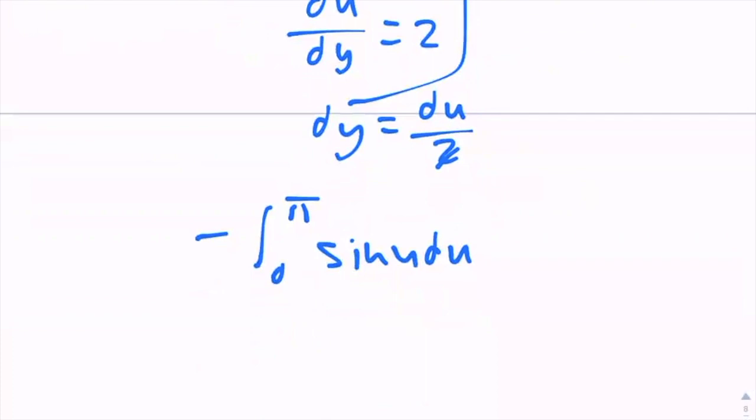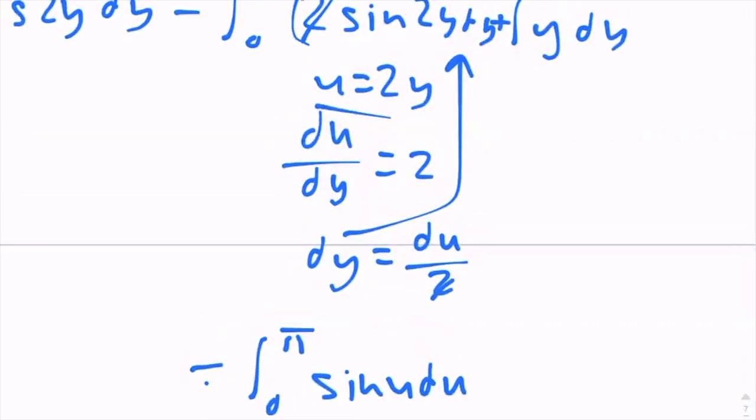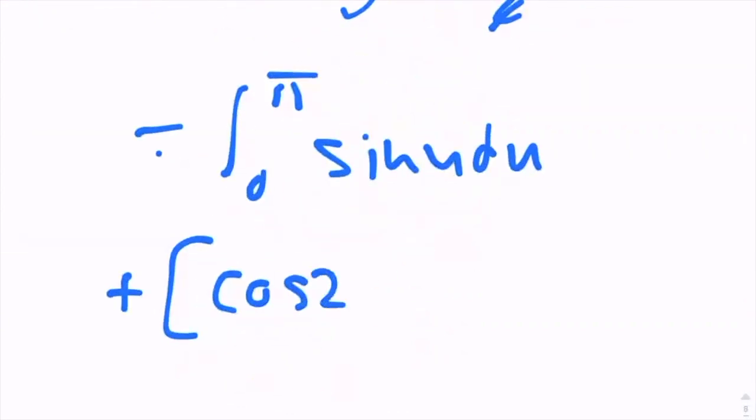And we know that this integral is quite straightforward. The integral of sine u is minus cosine u. And since we have the minus right here, we can just simplify this out to cosine u. And since we know our u is 2y, we can say cosine of 2y from 0 to pi.